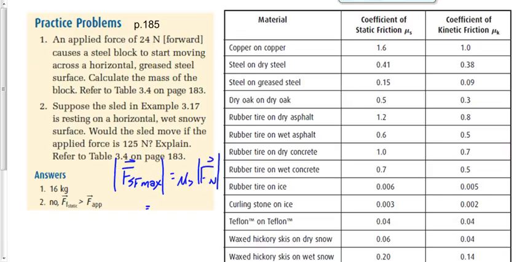Mu between a wet, snowy surface and waxed hickory skis is 0.20. The mass, you guys remember what the mass was from example 3.17? 78.2 kilograms, times 9.81.